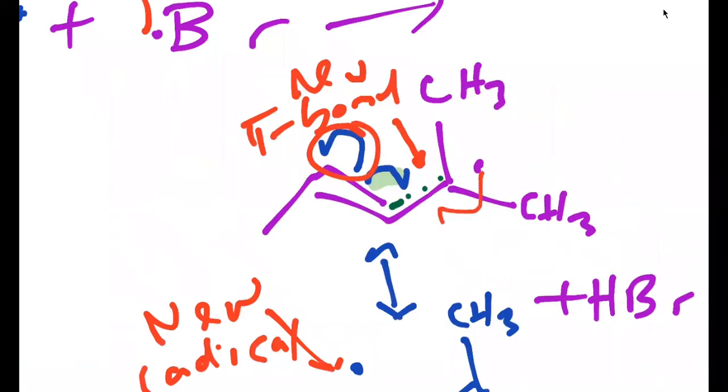And then we had a pi bond next door to it. So we took one electron from that pi bond and shifted it here, just like we just did on that example. We didn't really touch the other allylic site.